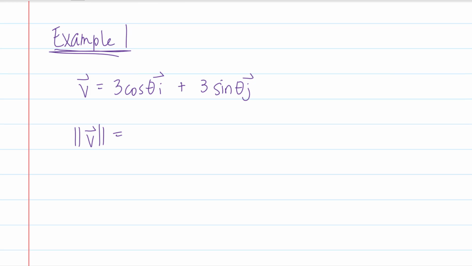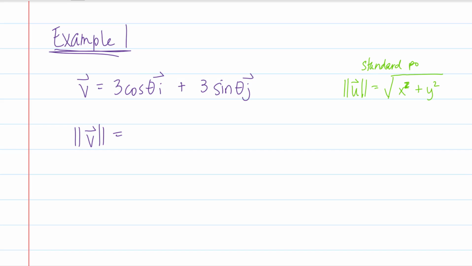So, how do we find magnitude? Let's remember that magnitude of any vector is like the distance formula, right? The change in x squared plus the change in y squared, if we're talking about a vector in standard position, right?